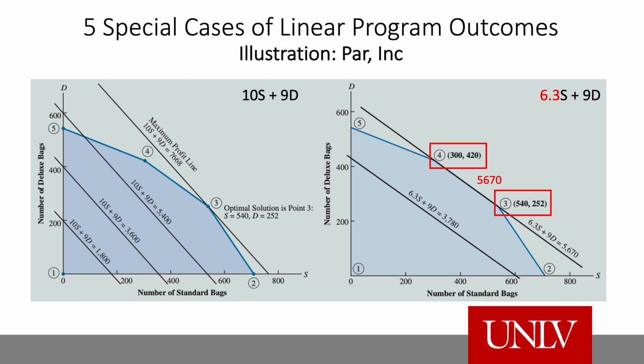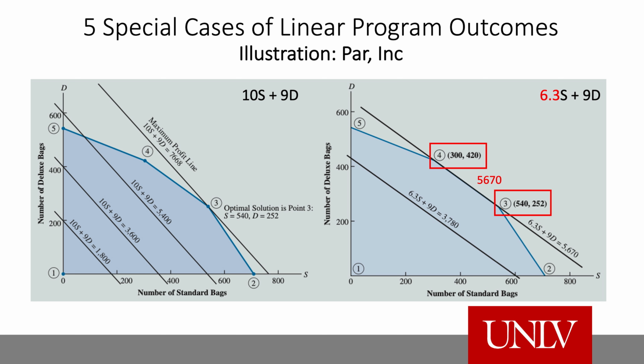This causes a portion of that constraint line to overlap with the boundary of the feasible region. As a result, the maximum value of the objective function can be achieved at several points along the line segment instead of at a single point. So in other words, different combinations of S and D yield the same optimal profit.